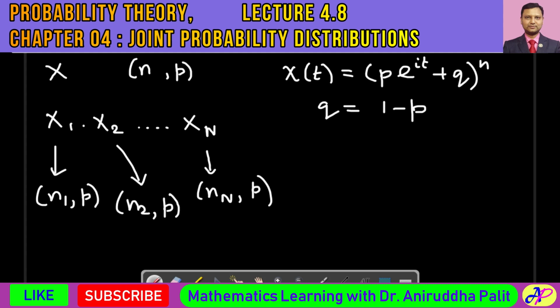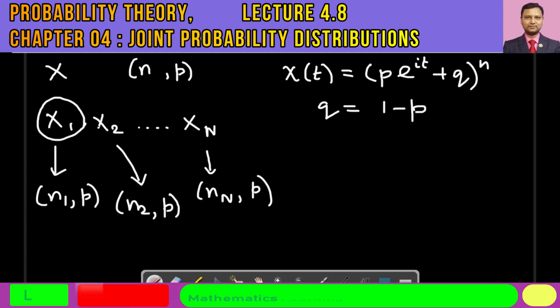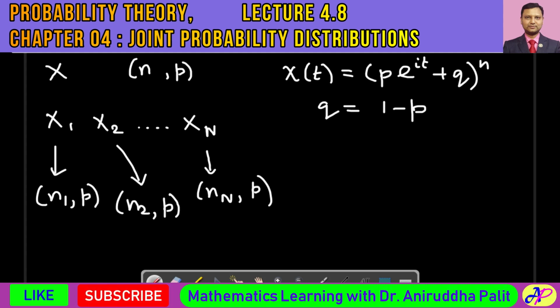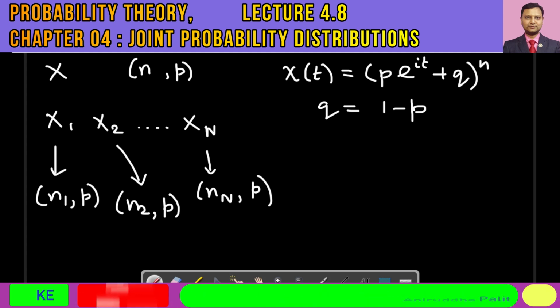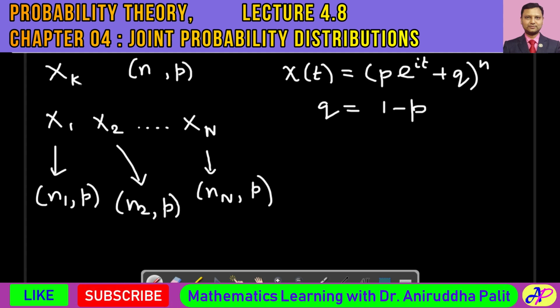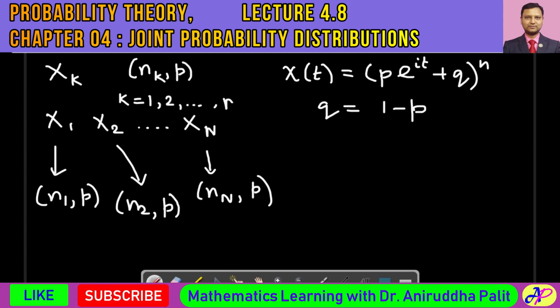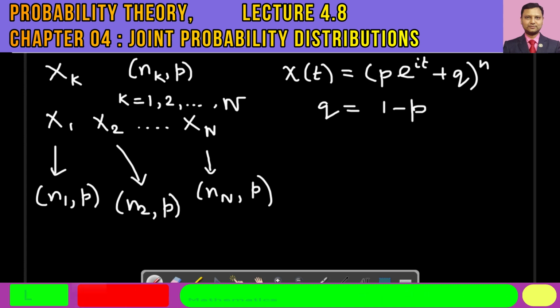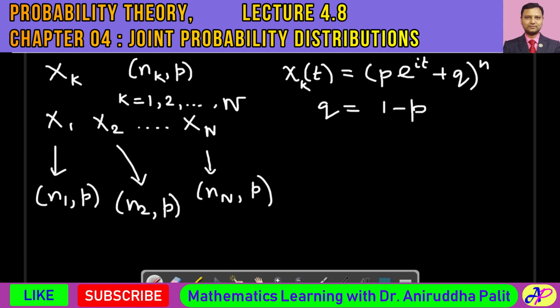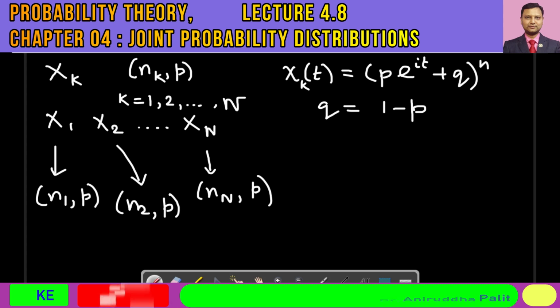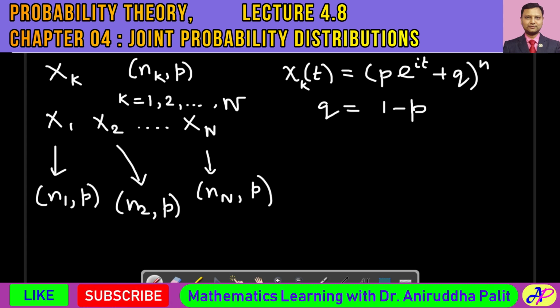In that case, what would be the characteristic function of x1 or x2 or x3? In general, the characteristic function of xk. If we have xk, then its parameters are nk comma p for k equal to 1, 2, dot dot dot up to capital N. Its corresponding characteristic function is chi k of t, equal to p into e to the power of it plus q, whole to the power of nk.